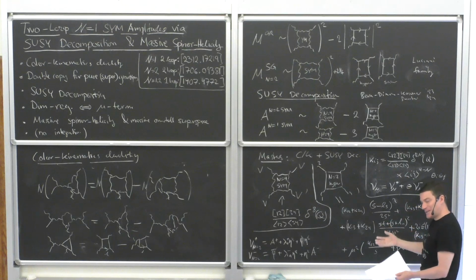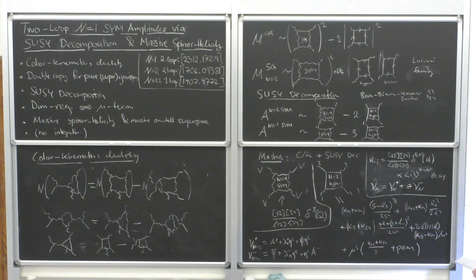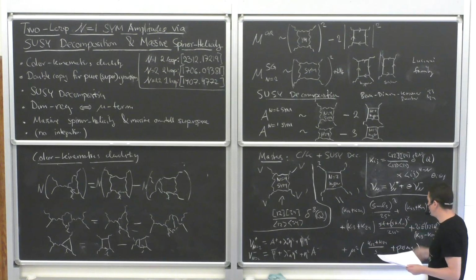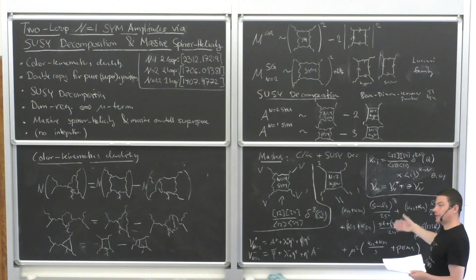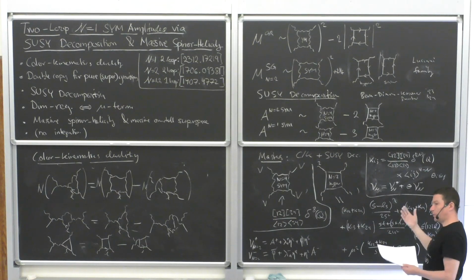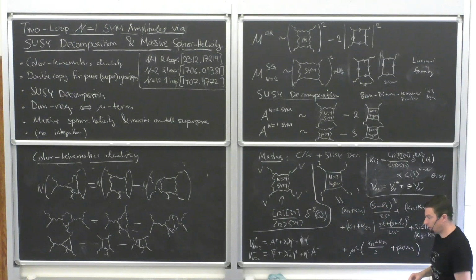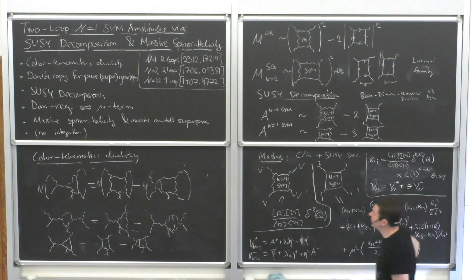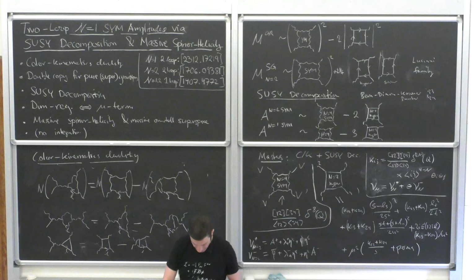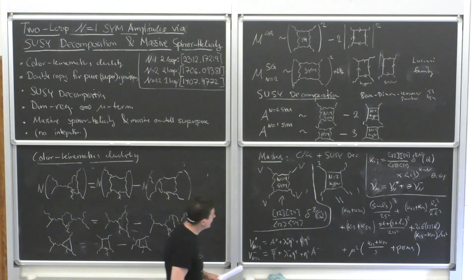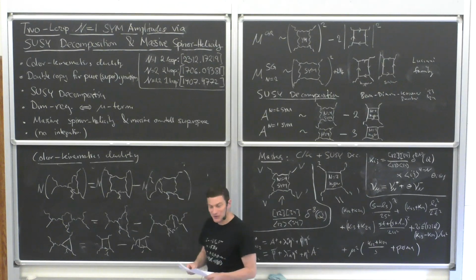They will give the right amplitude. I have just absorbed certain terms into the box to make supersymmetry manifest. All right. Any questions? You might be wondering when I'm going to get to 2 loops, but hopefully I will get there.